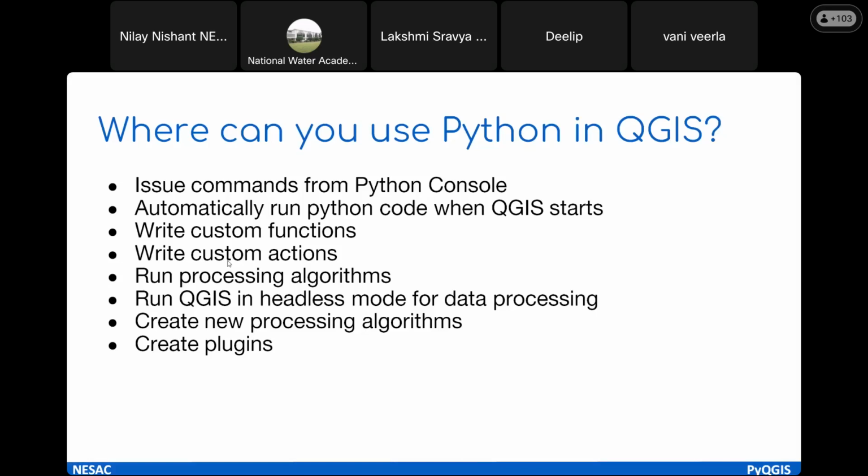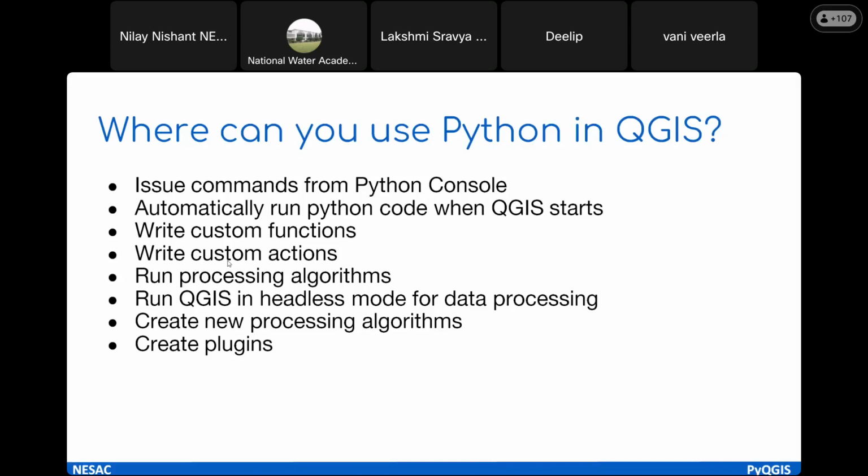Now, all of you must be aware by now that QGIS has a range of processing algorithms, and these processing algorithms can be directly accessed using the Python console in QGIS. So we'll be seeing in detail how to run QGIS processing algorithms from this Python console.